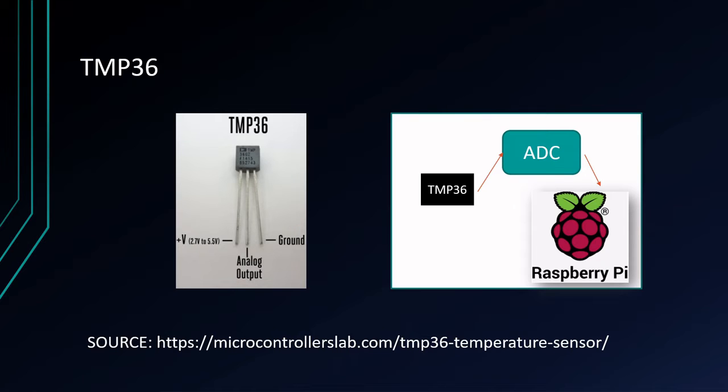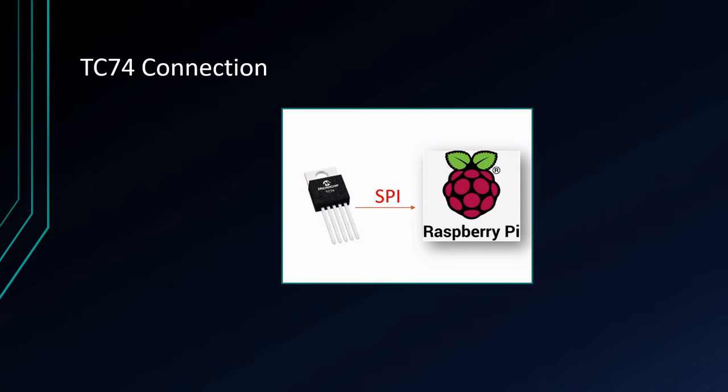A chip called MAX1243 has been used to convert the analog signal to digital signal and pass it to Raspberry Pi. TC74 uses the SPI protocol, so no analog to digital converter is needed and it was directly passed to Raspberry Pi.